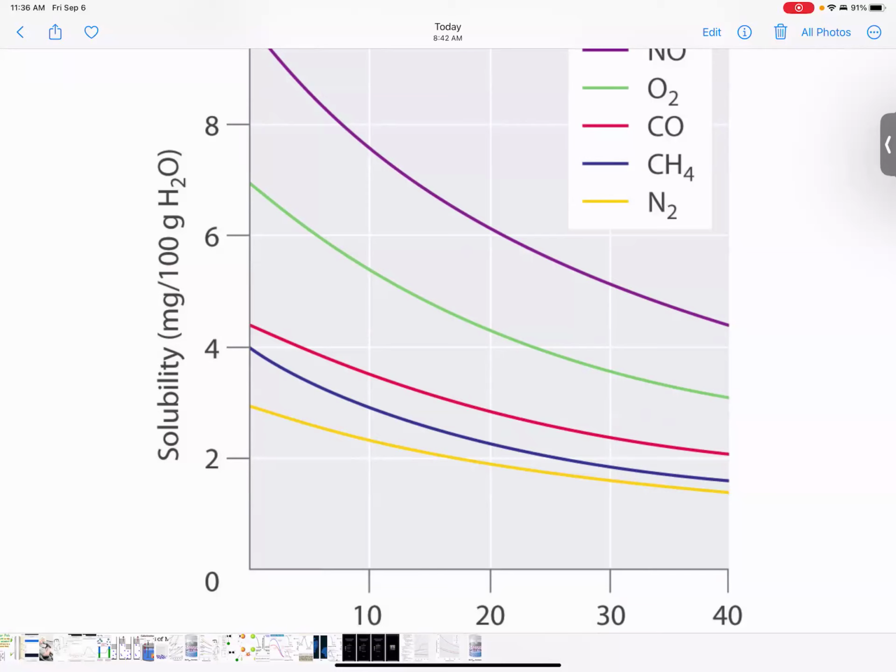What you have to think about is when I was describing the pressure, I physically increased the pressure to get more gas in the liquid. In this particular case, we're holding the pressure constant.